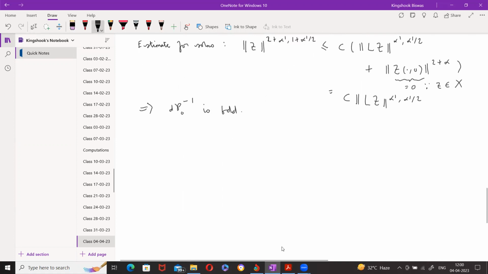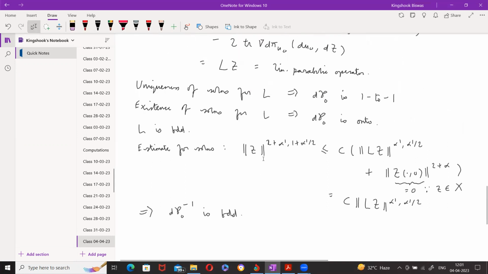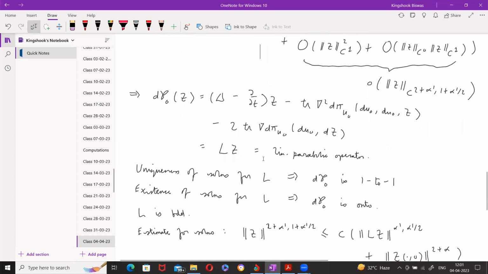Okay. So now, Sir, I just have a question. Yes. Why was L bounded? Okay. Yeah. So that follows from the definitions. So you look at the terms in L, right? We have to bound the alpha prime by 2 norm. So if I look at Laplacian of z, that involves 2 space derivatives, right? And my z is in 2 plus alpha prime, 1 plus alpha prime by 2.